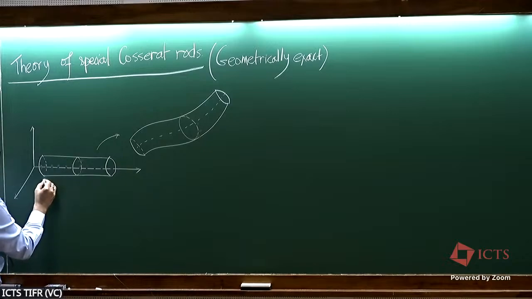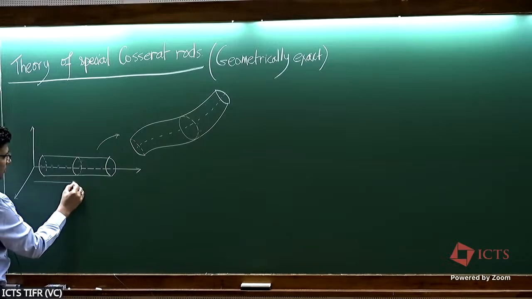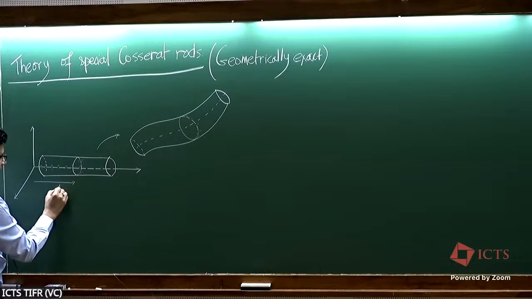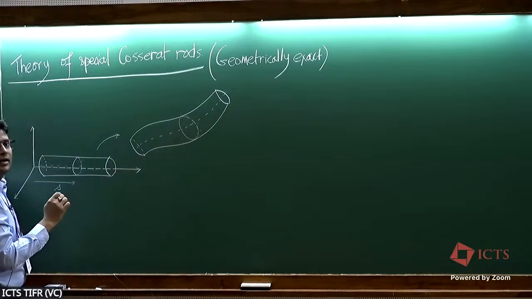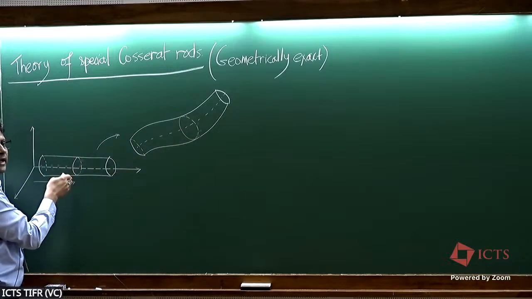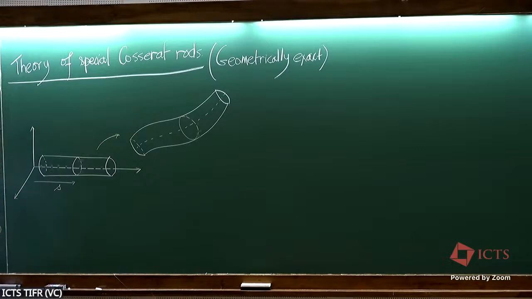Supposing this is at a distance s from the origin, then this cross-section is this part of the cross-section which was at s in the reference state. Okay.